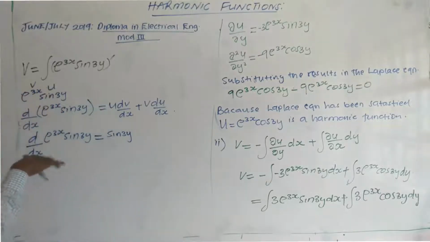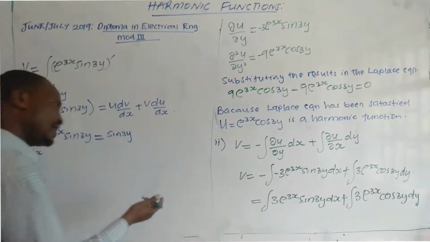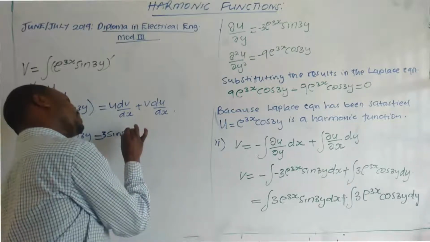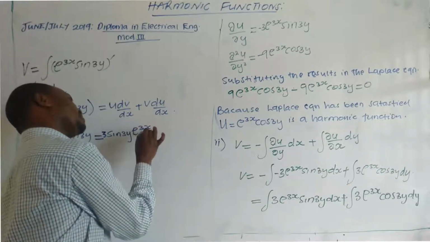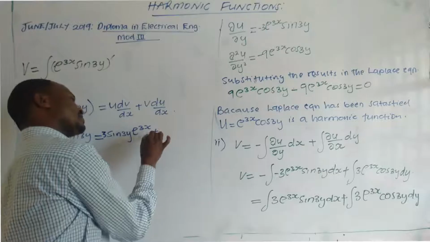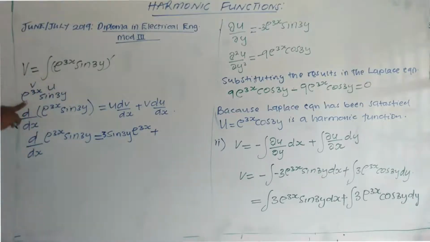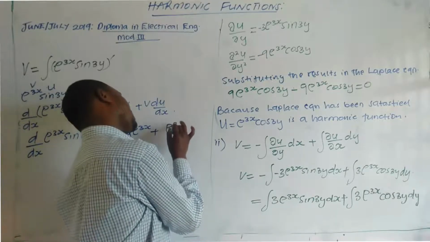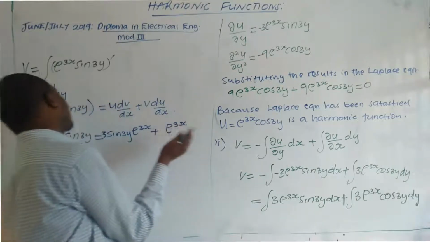If we differentiate our v, which is exponential 3x, it will be 3 exponential 3x. Let me put the 3 here, exponential 3x. Plus, we take v, this is v, exponential 3x.